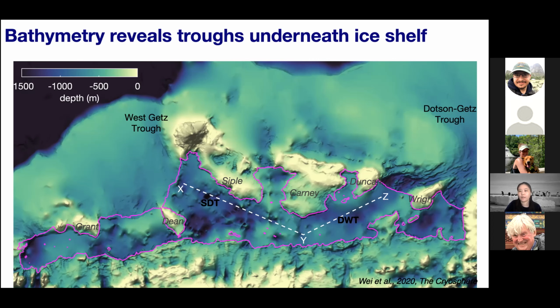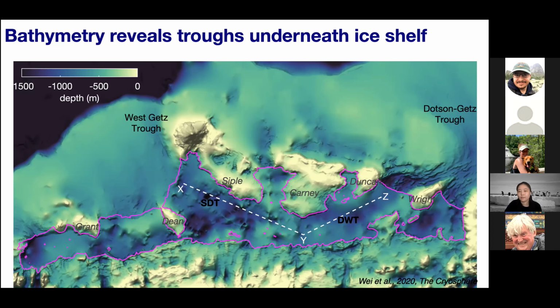Duncan-Wright Trough, DWT. We previously saw the ship track bathymetry shows that the Dotson-Getz trough on the inner continental shelf extends to the ice shelf front, and our results show that DWT is the continuation of the Dotson-Getz trough, providing a pathway for CDW to enter into the ice shelf cavity without obstruction.